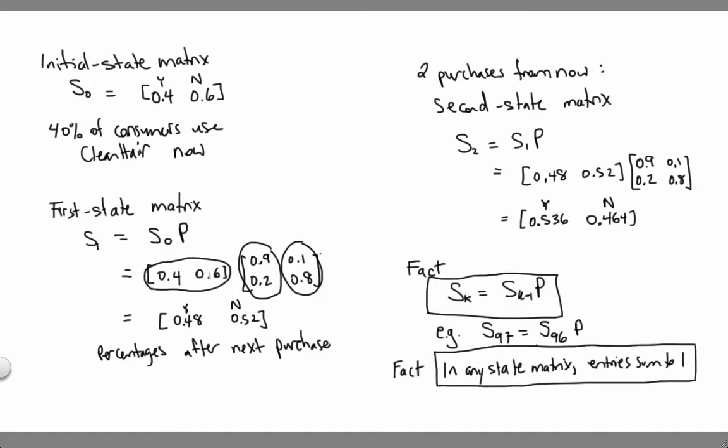So look at any of the state matrices that we've looked at here, like the 0.4, 0.6, or even something more complicated like this one. In any of these state matrices, the numbers are going to add up to 1, and that's because they're probabilities. In this example, they're talking about market share. So the market share between Clean Hair and the other brands, it's always going to add up to 100%, or it's always going to add up to the number 1.